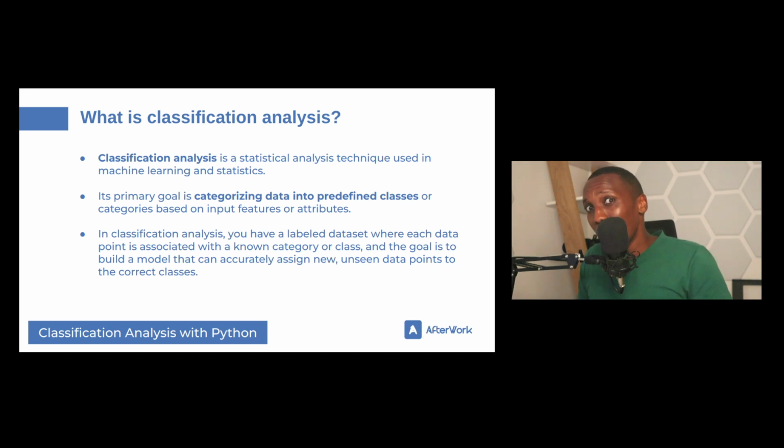We would train this model so that it can be able to take, for example, new records, new input features, new independent variables, and be able to predict the corresponding dependent variable value for that particular new record.